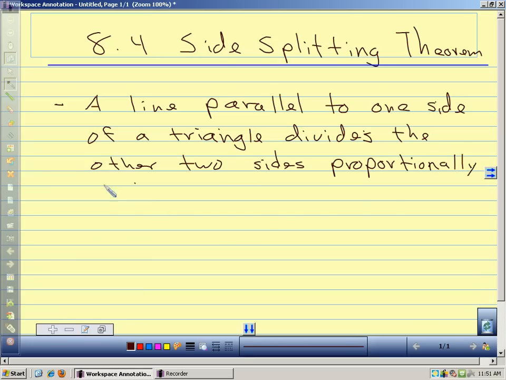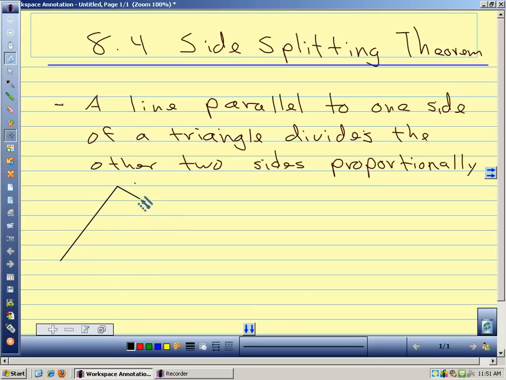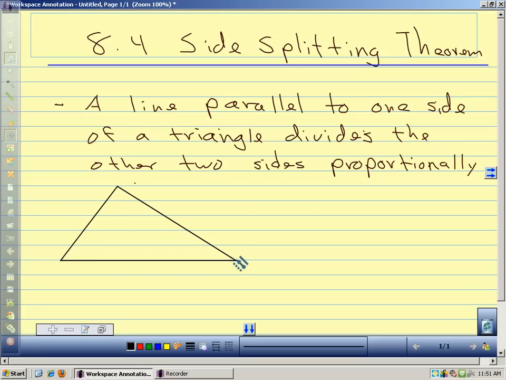So let's draw a picture of what we're talking about here. So here's my triangle. And here's the line that's parallel.